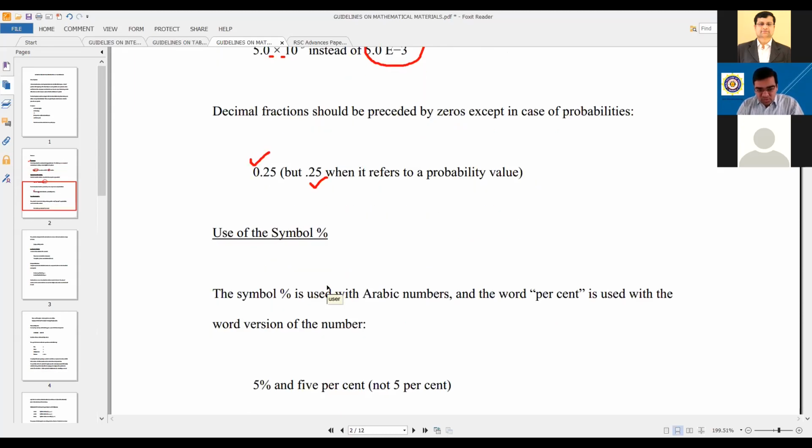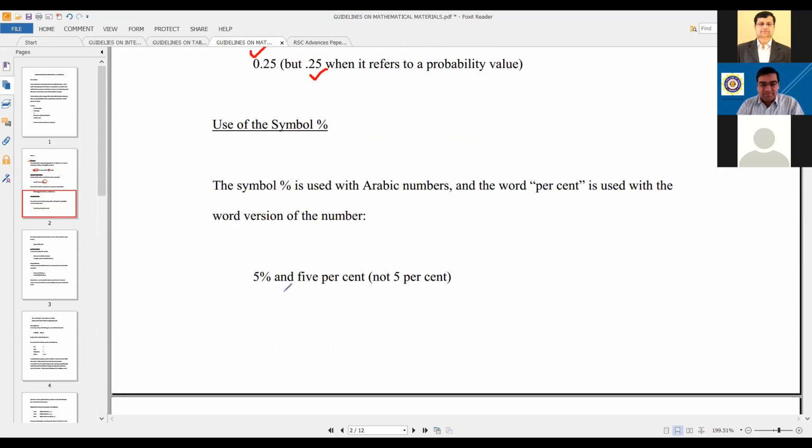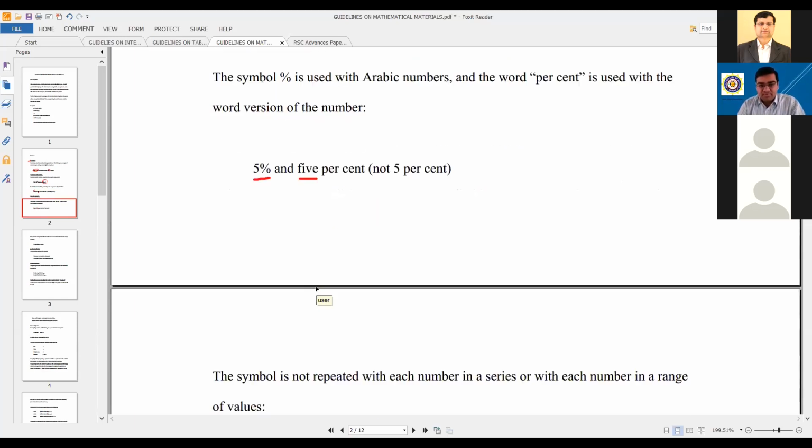Right? Use of symbol percent. Whenever you use percent symbol, don't give the space in between the numeral and symbol. If you want to write percent in words, then use the word percent, or 5%.